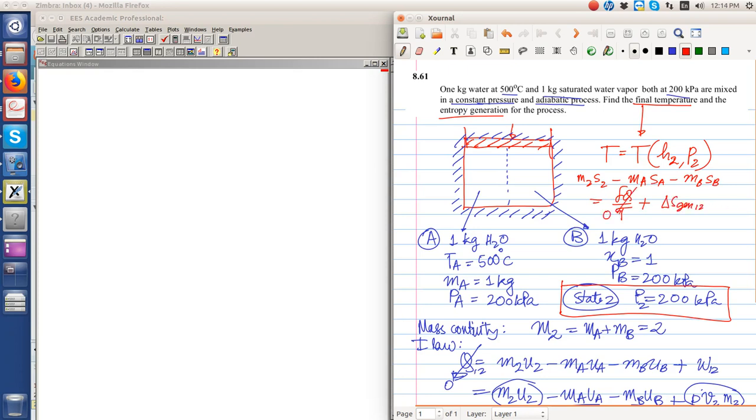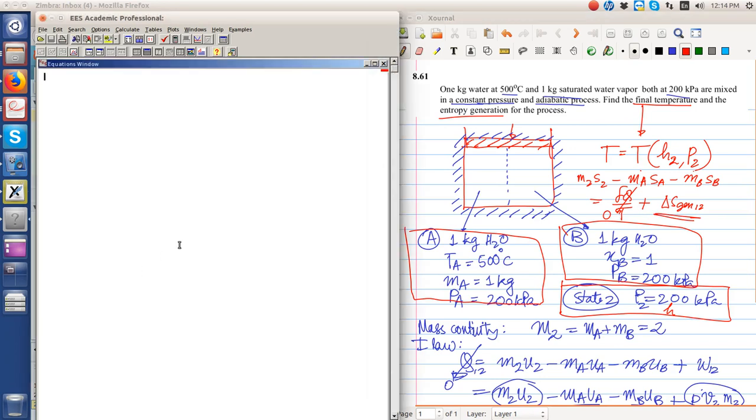The heat term is 0 because it is adiabatic. State 1 is comprised of A and B, the initial states, and state 2 is known because the pressure and the enthalpy are known. Then M2S2 minus MASA minus MBSB is equal to the entropy generation. So let's see how to do this in EES.